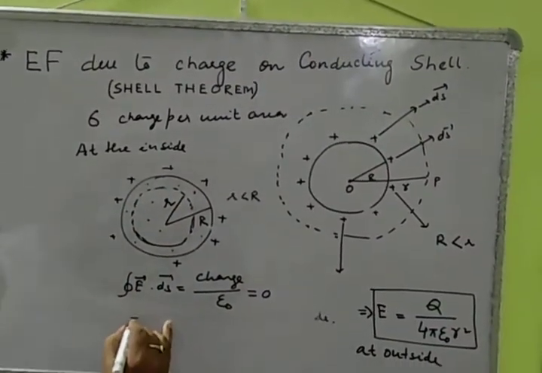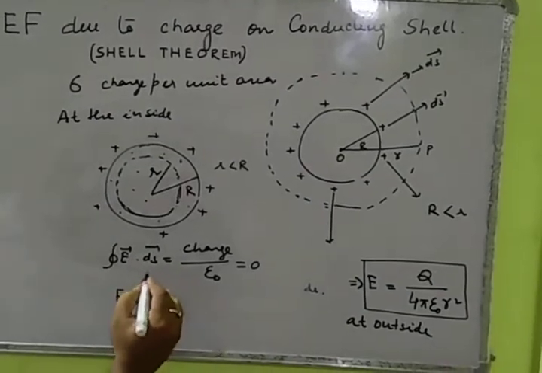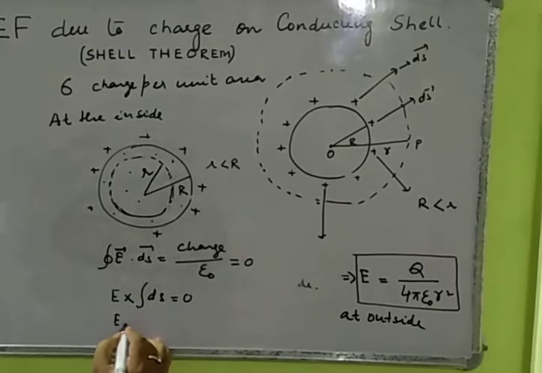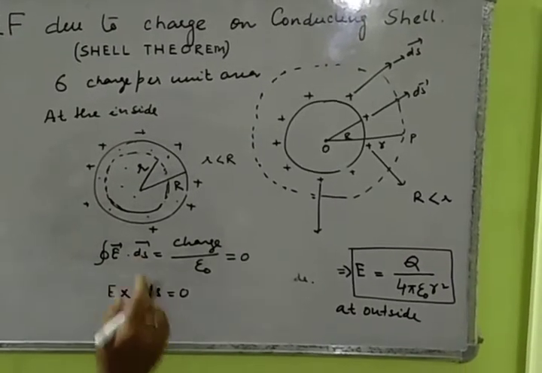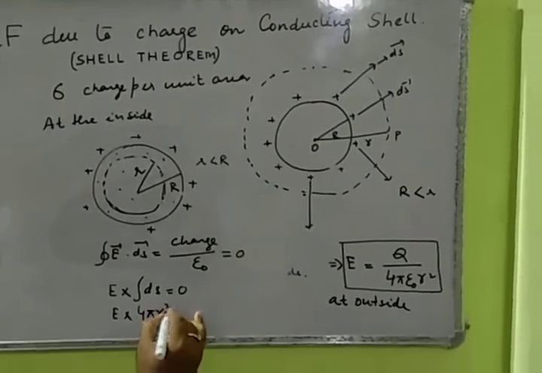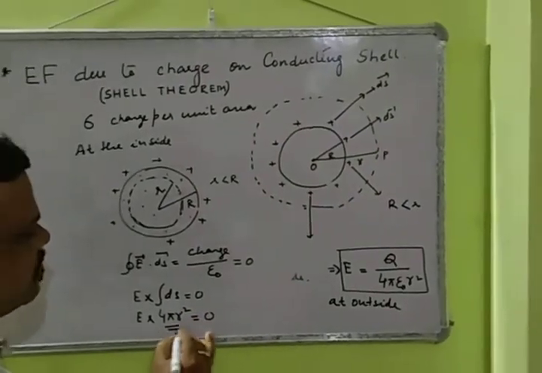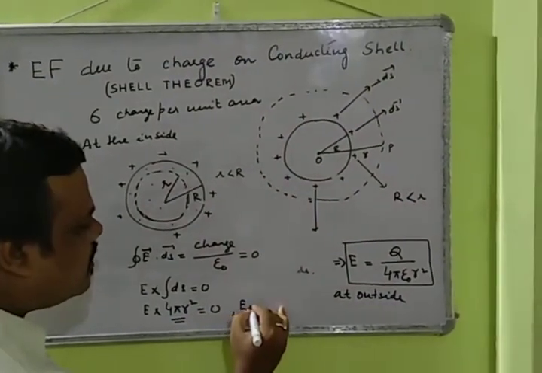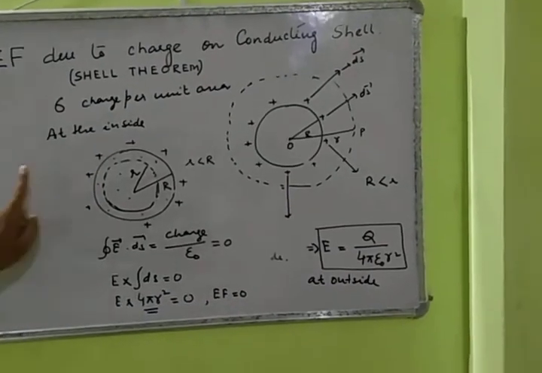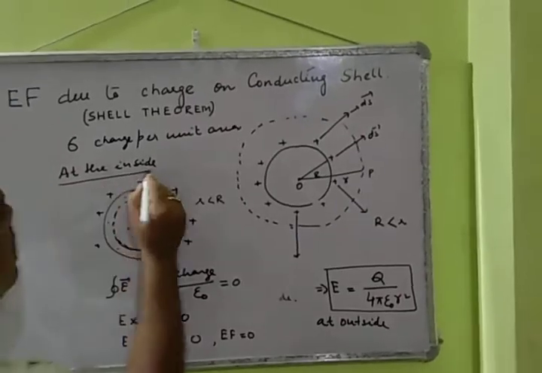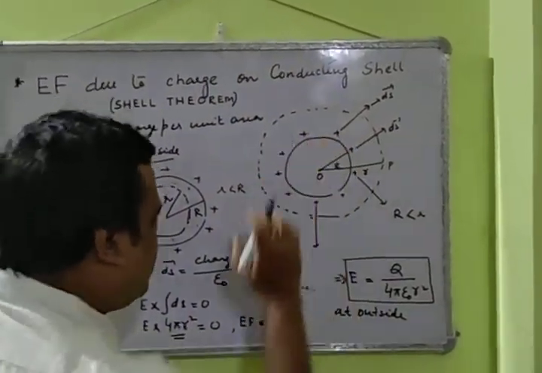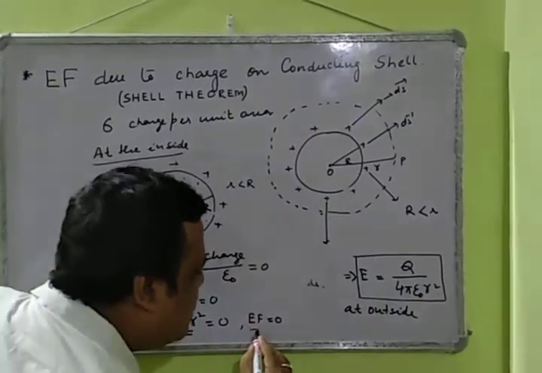Or E into the integration of dS equals 0, where the integration of dS is the total area of the Gaussian surface, 4 pi small r square. So E times 4 pi r square equals 0. This cannot be 0, hence the electric field is 0. So inside the conducting or spherical shell, the electric field is 0.